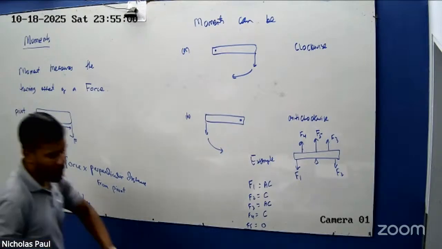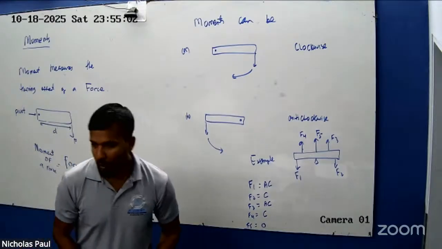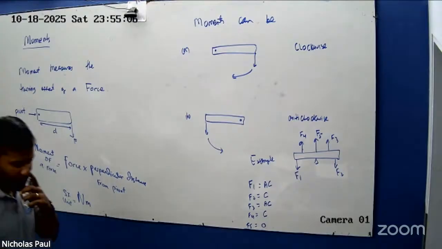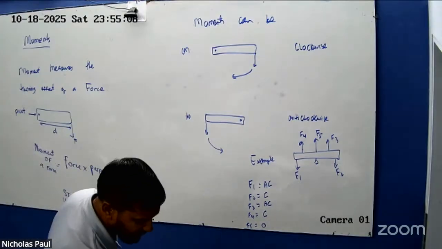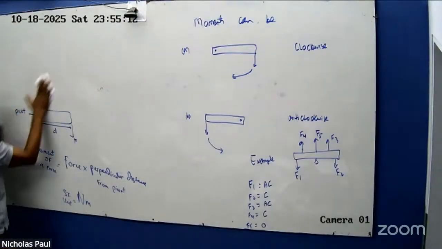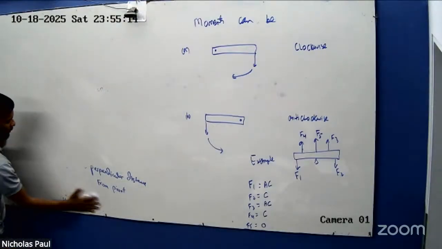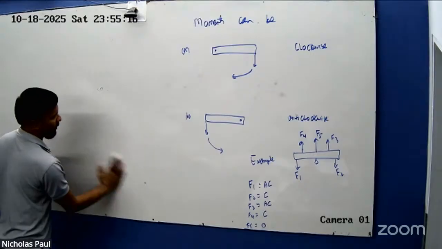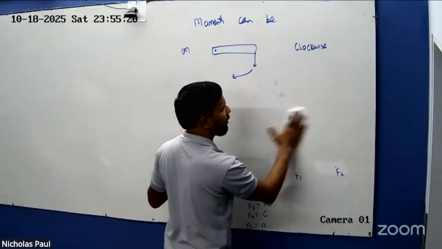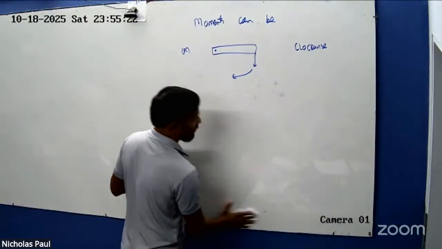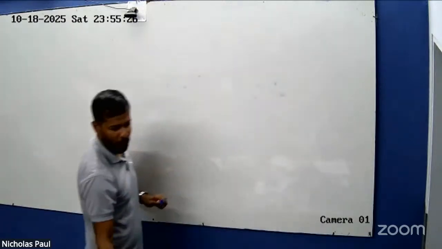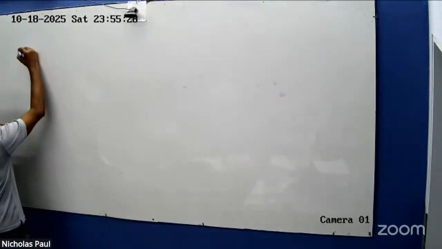Right. So I want you to head up equilibrium. So, small note: for a system to be in equilibrium, the following two rules must hold.